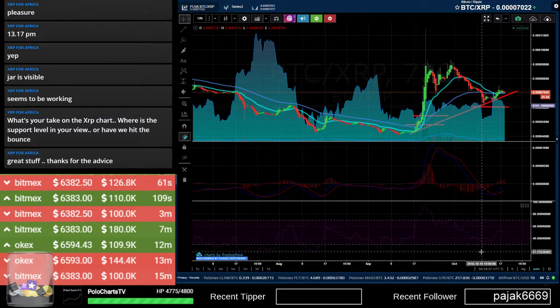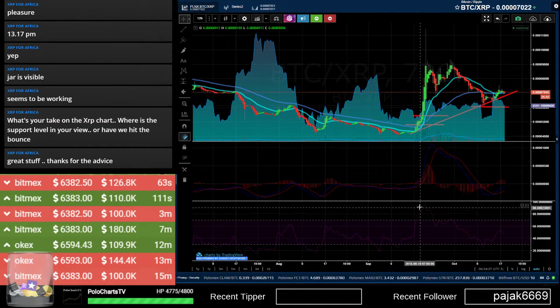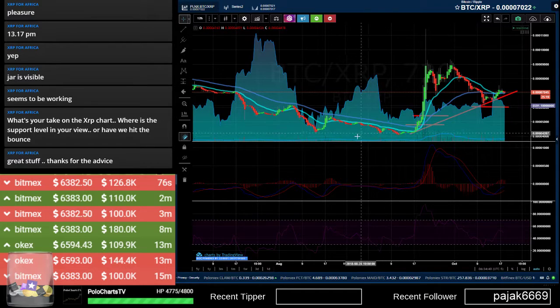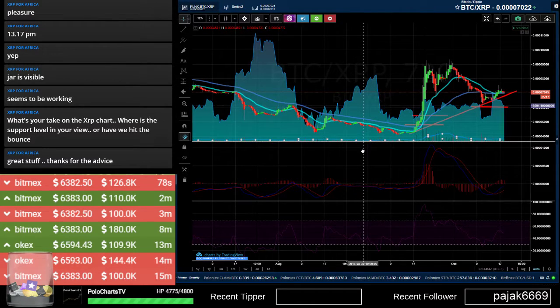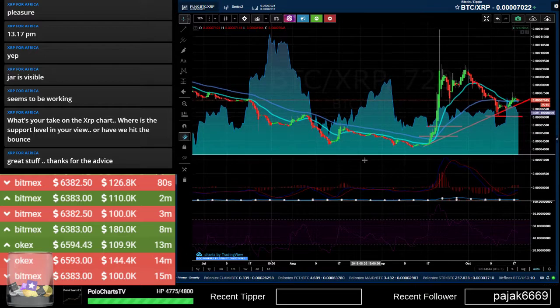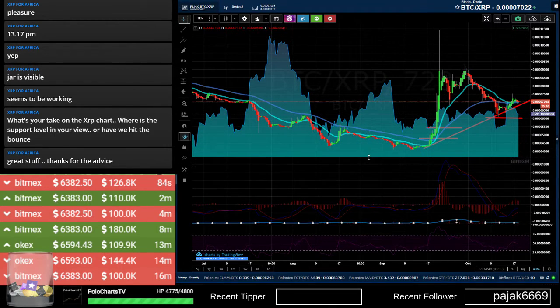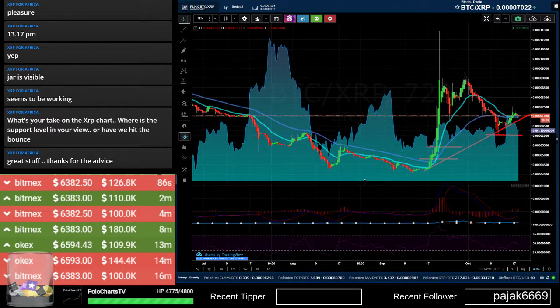And so for these, we're trying to look for something that's in a very oversold or overbought territory. Then you know it's probably going to retrace a little bit. Or we're looking for divergences in the chart pattern. So let me change the size of this.